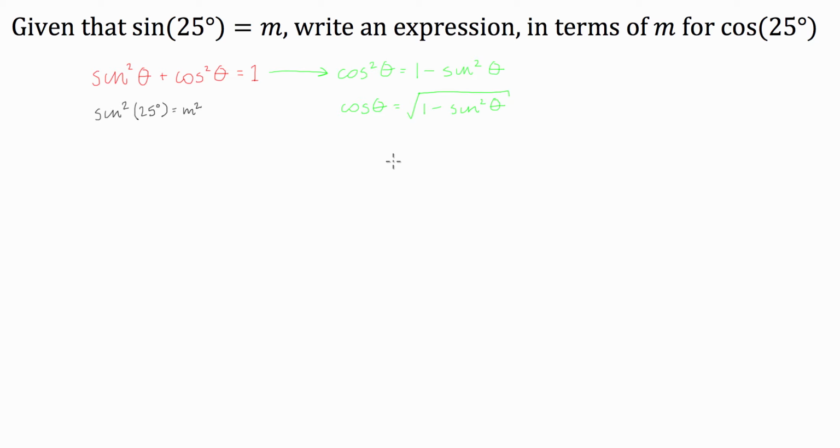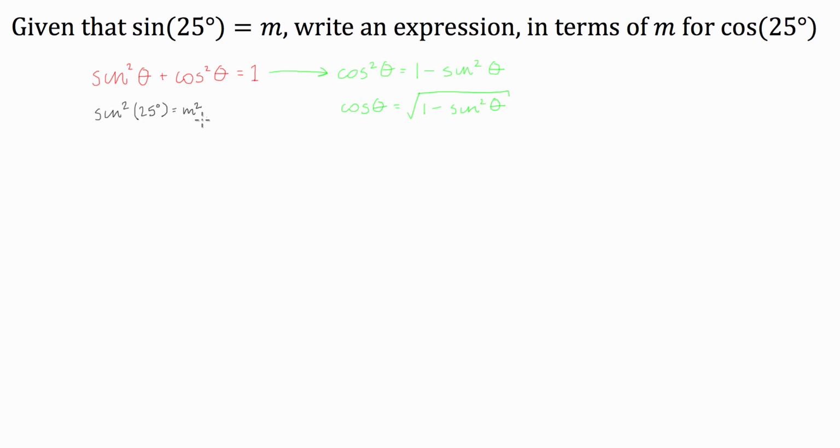Cool. Now, after we've done that rearranging, the question becomes quite simple. We've got sine squared of theta, in this case 25, is equal to m squared.